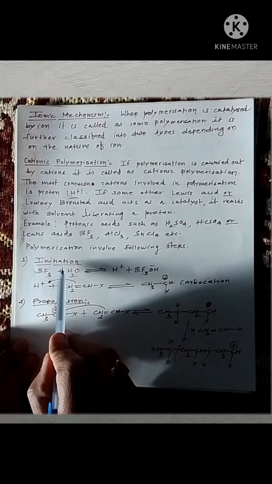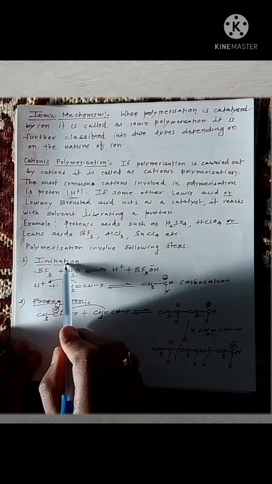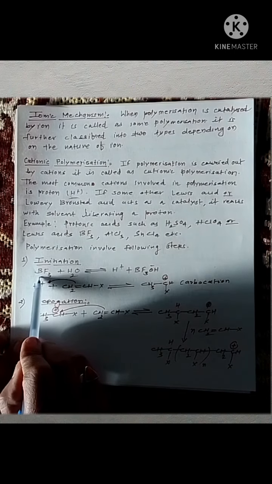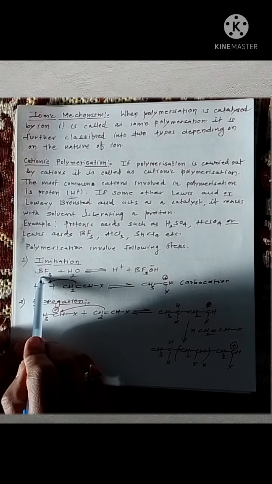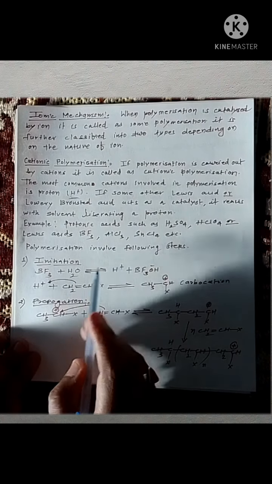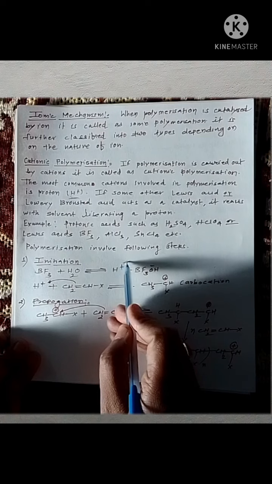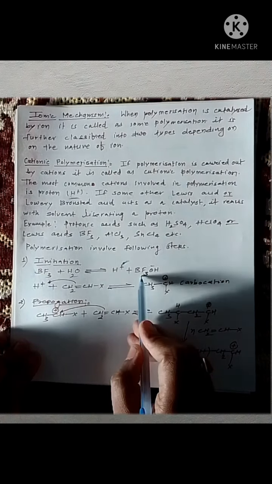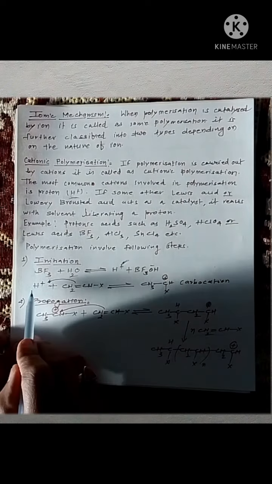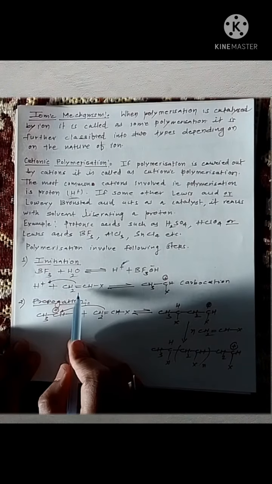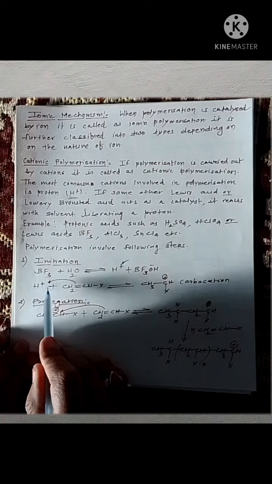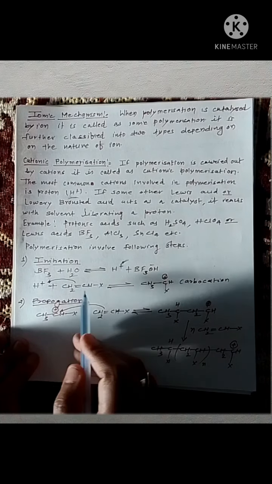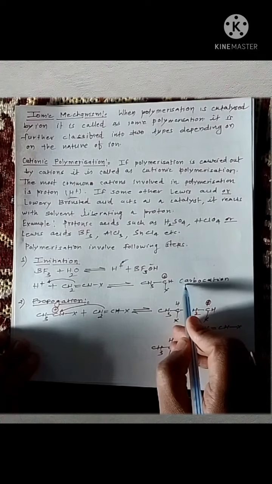So just see the first step of cationic polymerization, that is initiation. In this step, BF3, which is basically a Lewis acid, is reacted with water, liberating this proton, and forming BF3OH minus. This proton has a very important role. It attacks the pi bond of your vinylic compound, forming a carbocation.